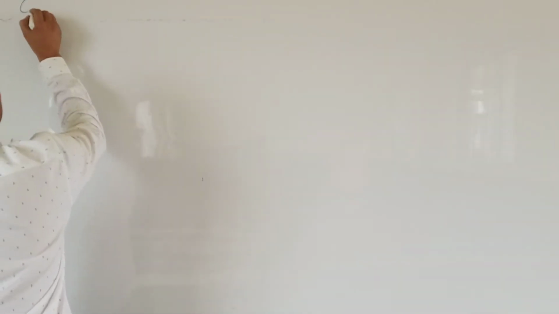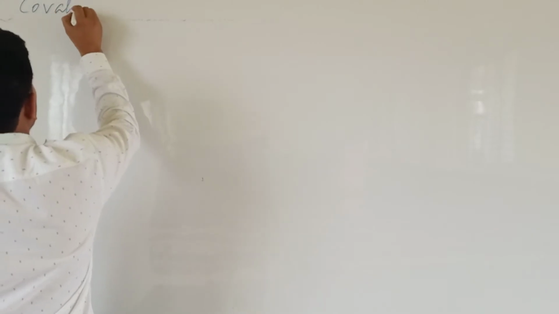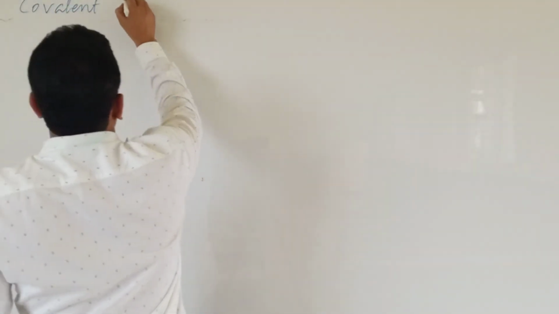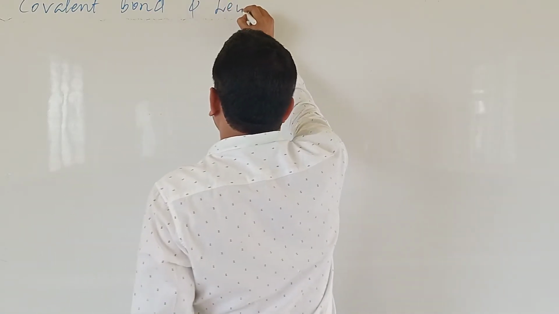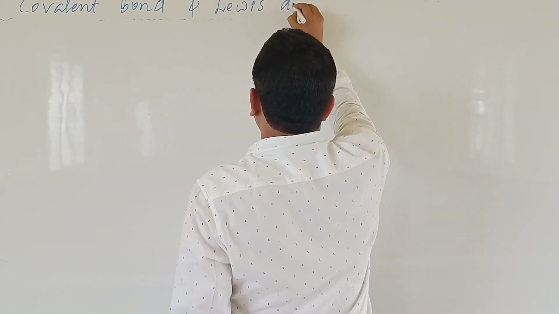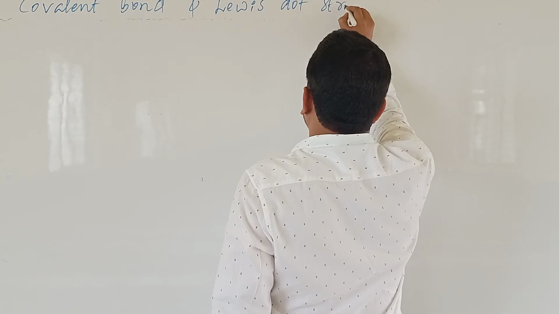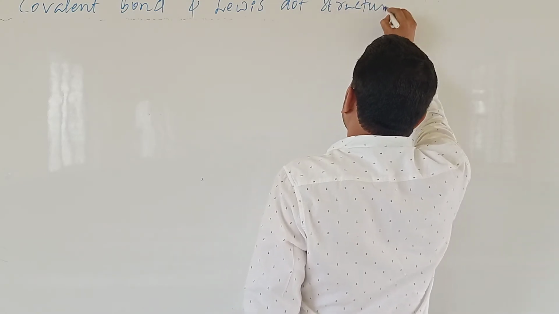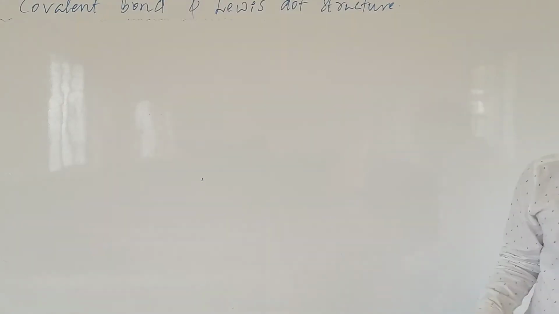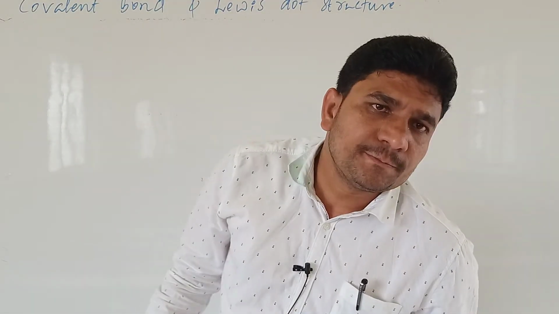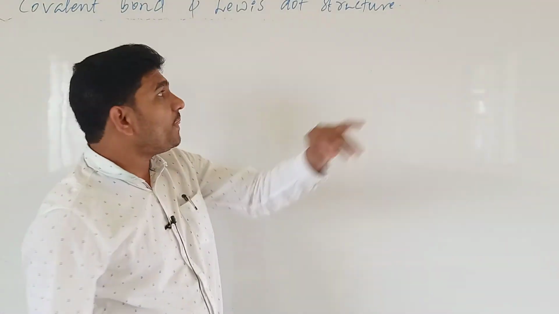This covalent bond and Lewis dot structures. Already we have discussed the Lewis dot structure definition and everything. Lewis dot structure is nothing but the electron dot structure.